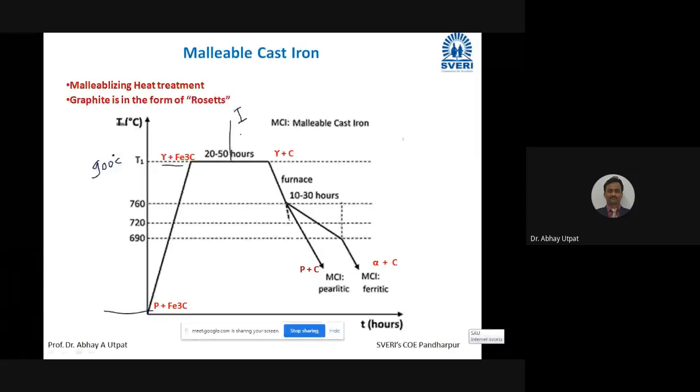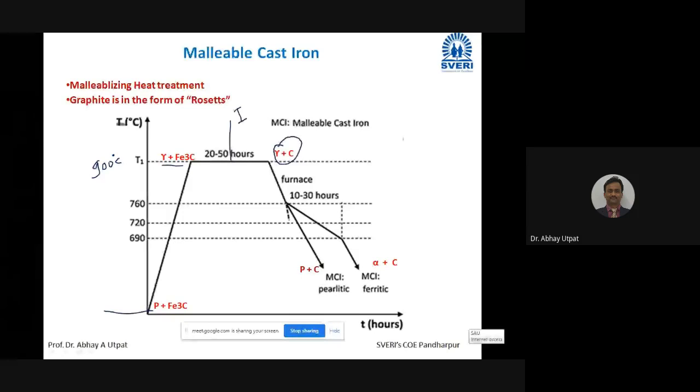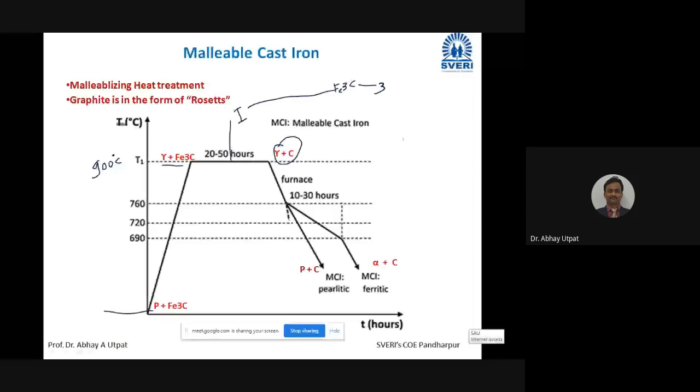So the structure is gamma plus C. After 50 hours, the structure gamma plus Fe3C gives gamma plus C, because at this stage Fe3C decomposes into 3Fe plus C.